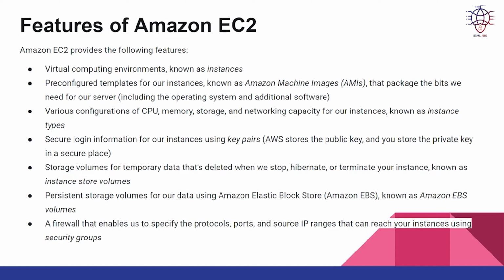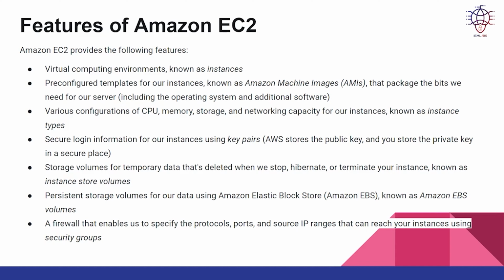We have various configurations of CPU, memory, storage and networking capacity for our instances, known as instance types. We have secure login information for our instances using key pairs. AWS stores the public key and we have to store the private key in a secure place.